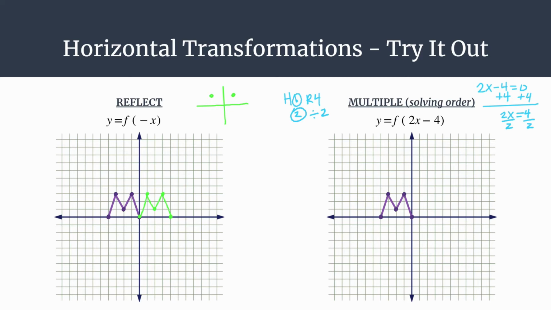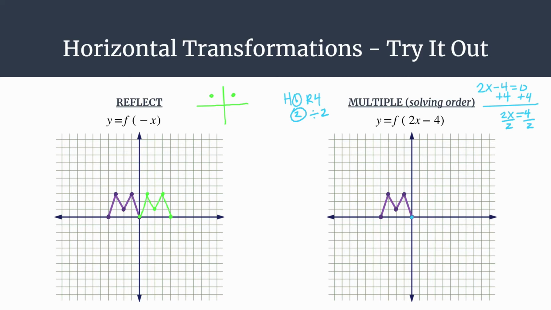You can see we're just transforming on the graph here because we're dealing with a fairly easy graph. When you have more difficult graphs, you may want to use a table or at least plot intermediate points, so check out some of those later videos if you need help with that. All right, let's start with our leftmost point again. We'll first move it right 4. So -4, 0 ends up at 0, 0, and then we divide by 2. So that point actually ends up here.